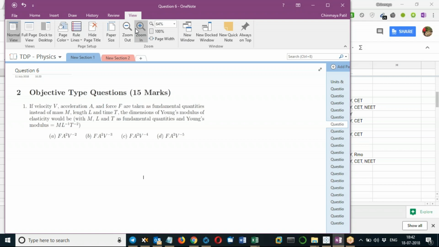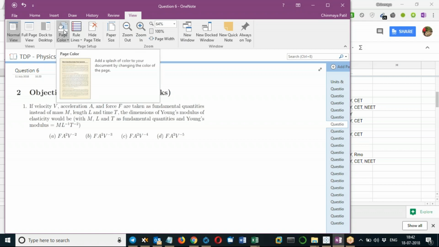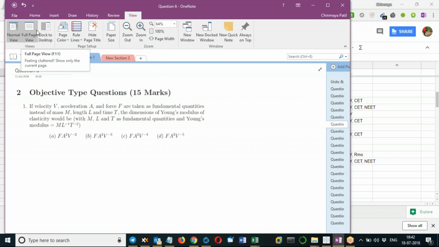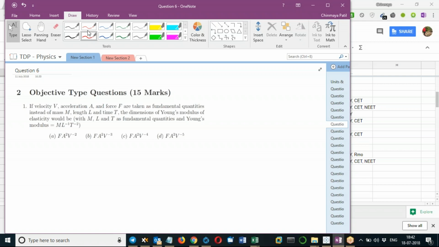For those who are not well versed with Young's modulus, Young's modulus is longitudinal stress divided by longitudinal strain. Let me write and explain.